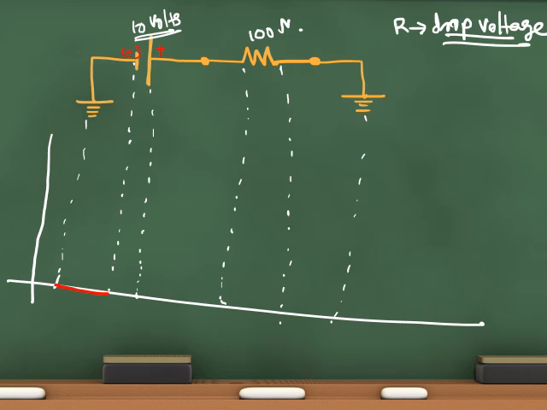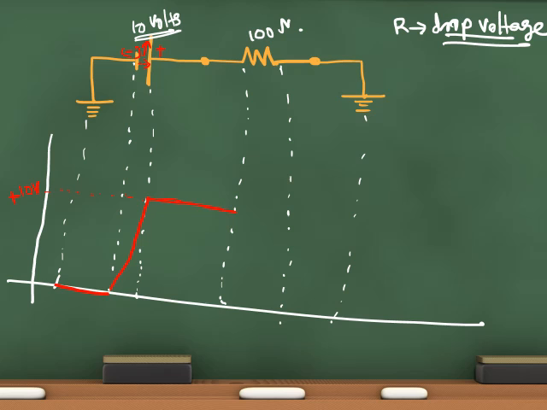That means the voltage across this battery is raised to 10 volts, plus 10 volts. So the voltage is raised here, and up to this the voltage will be 10 volts only.